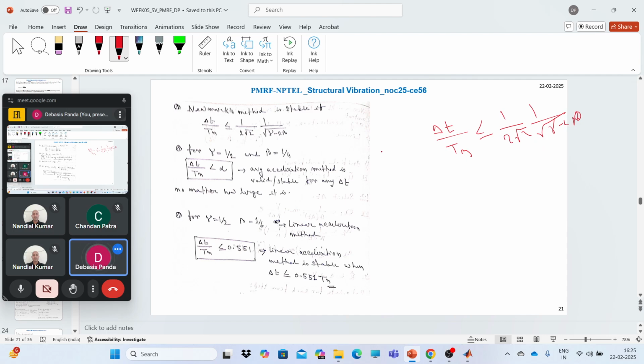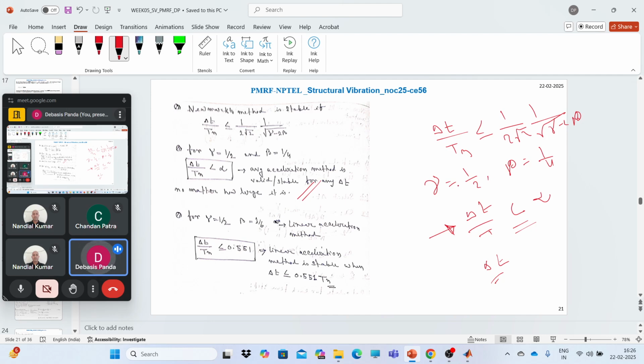For the constant average acceleration method, if we use gamma equal to half and beta equal to 1 by 4, that leads to del t by Tn less than infinity. Just put it in here and you will get it. That means for any value of del t, the constant average acceleration method will be stable. No matter how large your time step del t is, it will give you stabilized results.